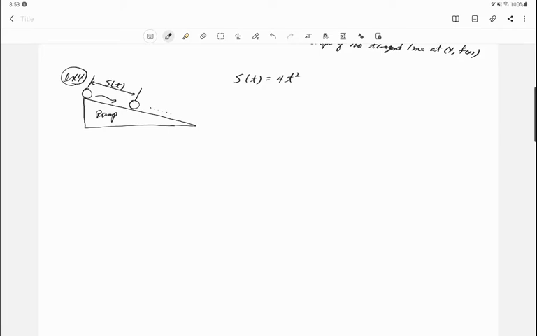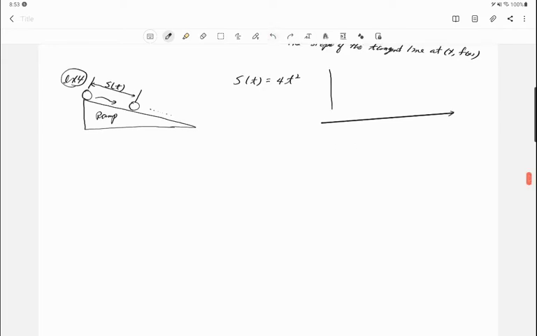So if you graph it, it starts from 0. This is s, this is t. t is in seconds, and s is the distance the ball traveled, in feet.